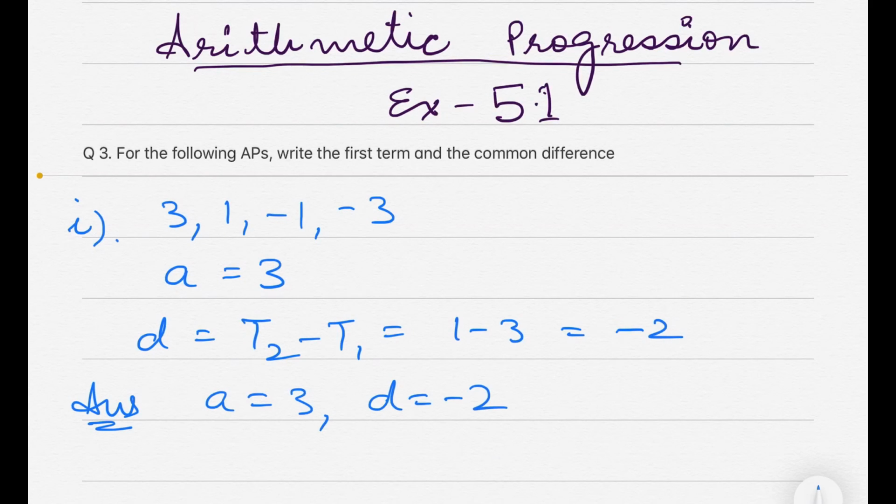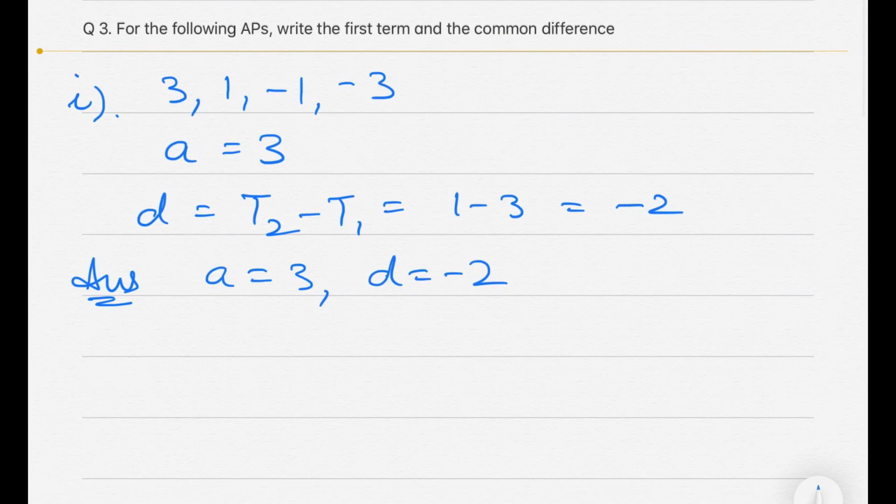I could do T3 minus T2 and T4 minus T3 also, so it will give me the same result because I know this is an AP. Let's move to the second part now. The second part AP is minus 5, minus 1, 3 and 7.